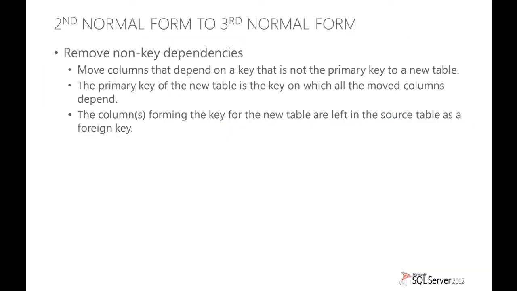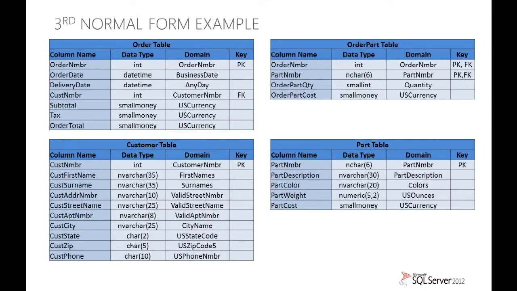And so we need to apply the rules to get to third normal form, where we pull all those columns out into a new table, but that customer number key column we're going to leave as a foreign key in the order table to establish a relationship between orders and customers. And so you end up with the structure that we now have over on the left, where the order table is now much smaller and the customer table has now been created.